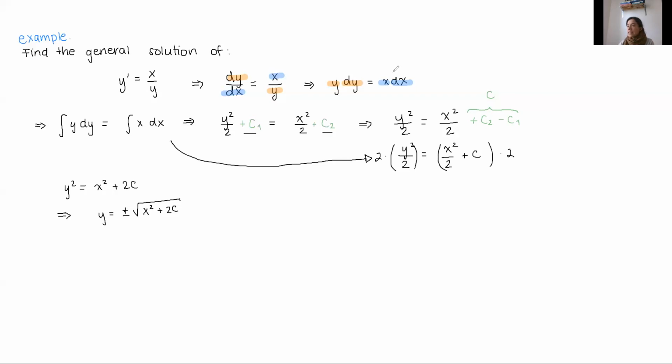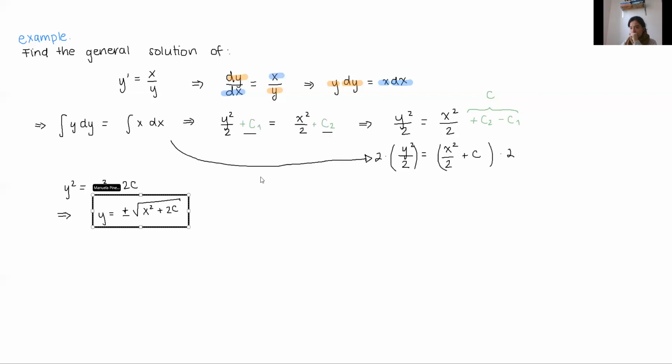Okay. So what I have now is I have found the general solution of my differential equation, by simply separating my problem into 2 independent problems, right? So I have the left-hand side and the right-hand side. Now, there's just one warning that I want to put over here.